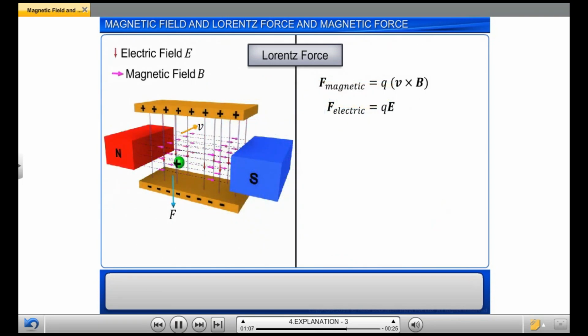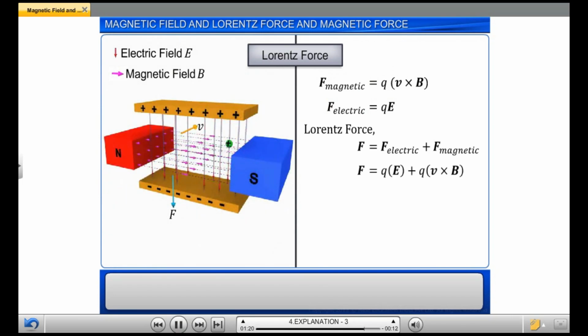Thus, Lorentz force F is equal to F electric plus F magnetic. That is, F is equal to QE plus Q into V cross B, which can be written as F equal to Q into E plus V cross B.